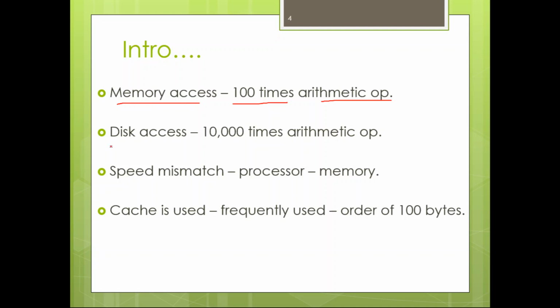But if you take disk access, a hard disk or any secondary storage device, the time required by the processor to access the disk will be 10,000 times that of a typical arithmetic operation.